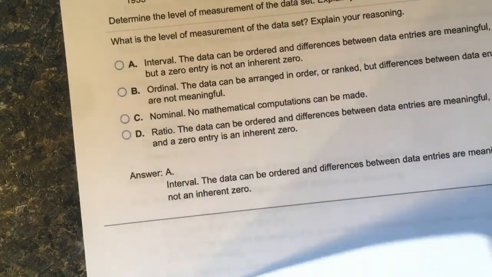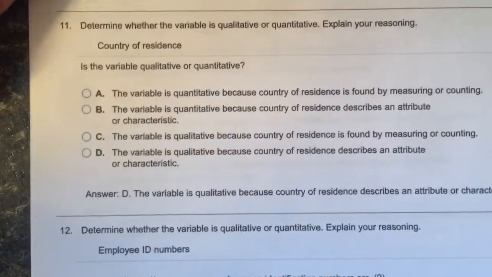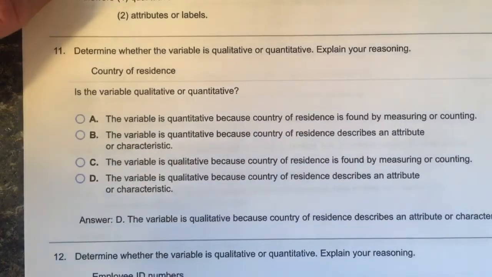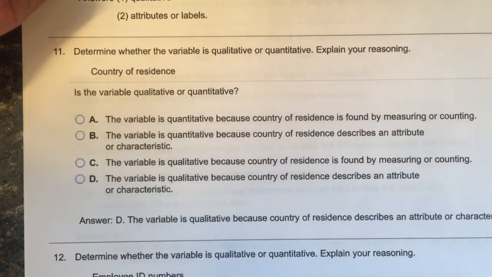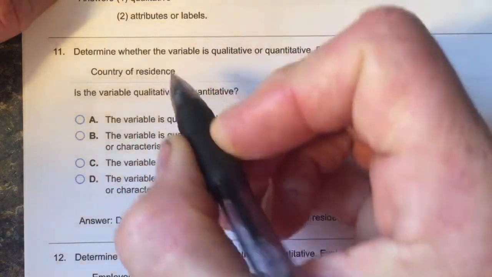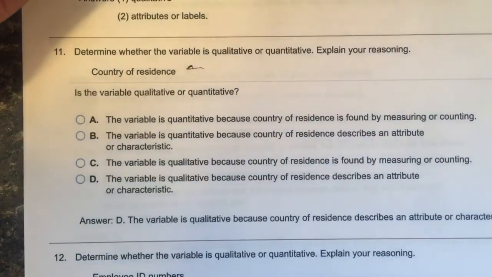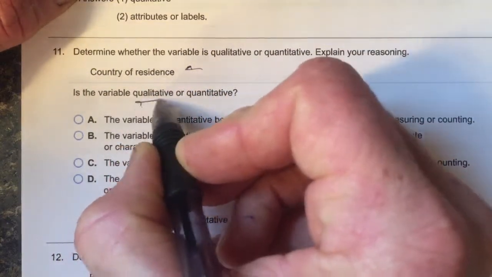Well, my pages are stuck. All right, let's go to 11 here. Determine whether the variable is qualitative or quantitative. Country of residence. All right, country of residence, there's no number involved in that. So that's got to be quantitative. I'm sorry, qualitative.